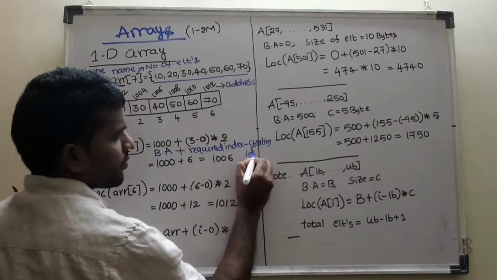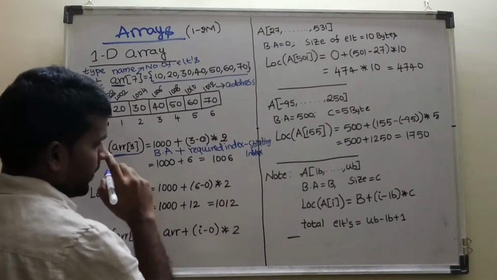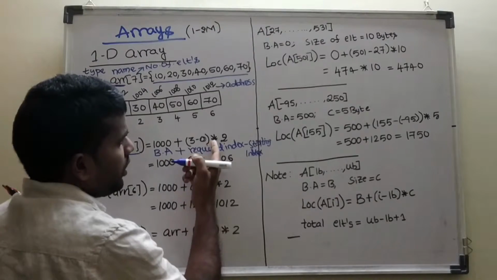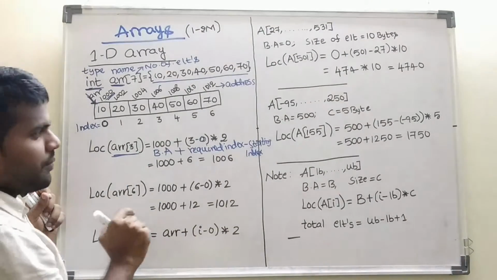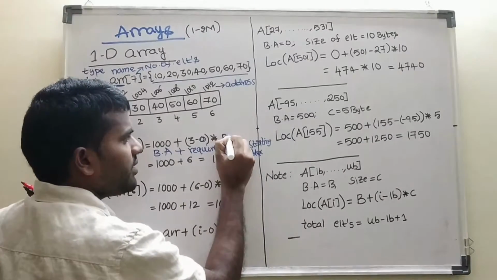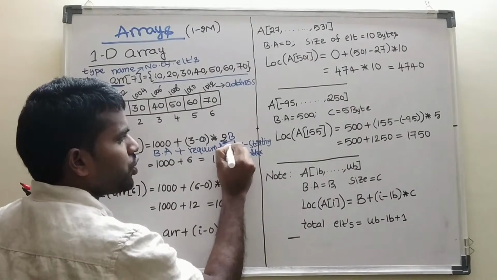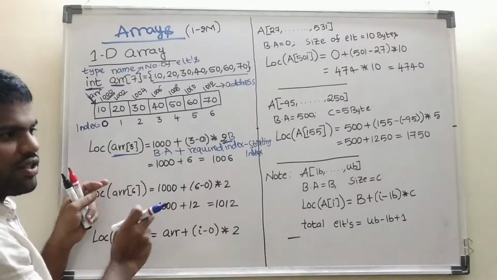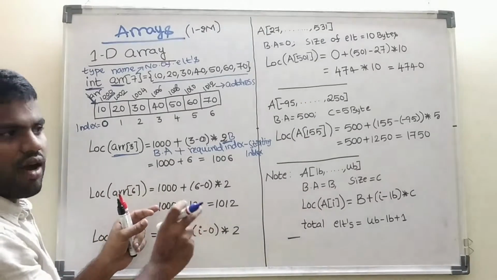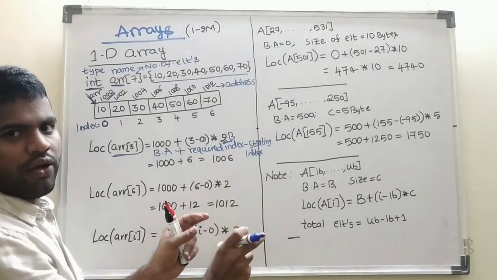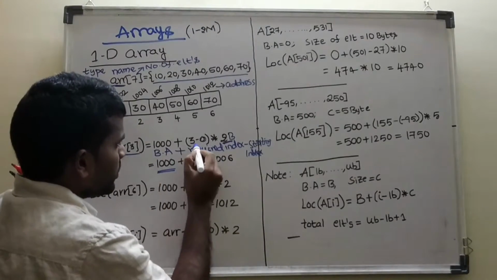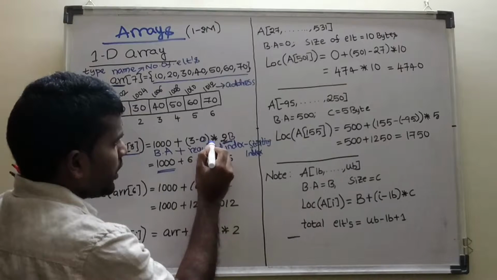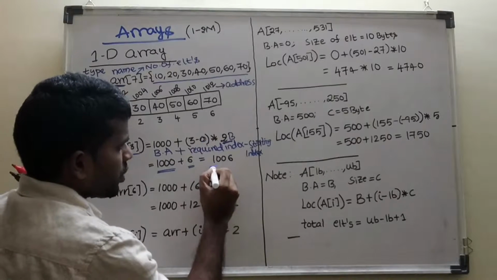Here, what I told: each integer takes 2 bytes of data to store. After 2 bytes, you will get the new element's address. After 2 more bytes, again you get a new element's address. Here, 1000 plus (3 minus 0) into 2 equals 1006.